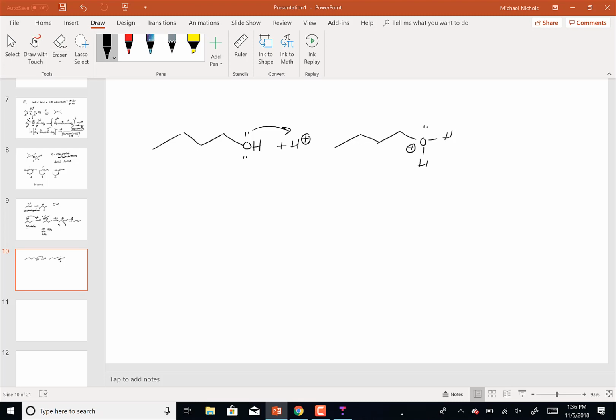Now, this was a primary system, so the water can't leave, or else you get a primary carbocation. And hopefully nobody wrote that in their mechanisms for last week. But then what happened? The bromide comes in and kicks off the water because the water couldn't leave. Okay.